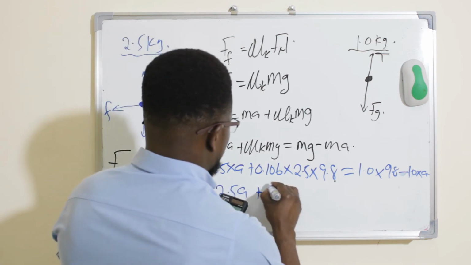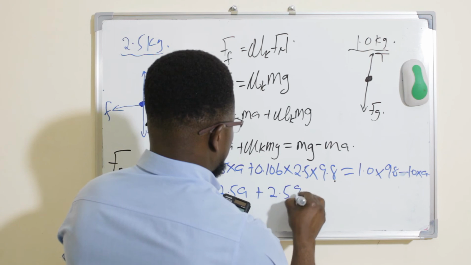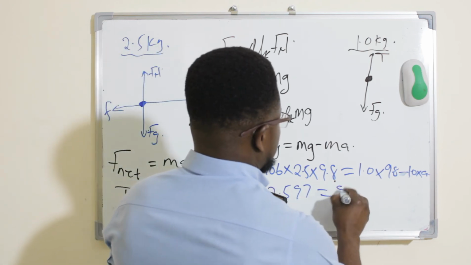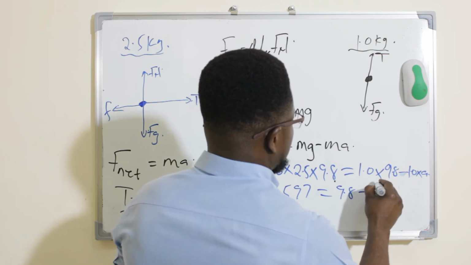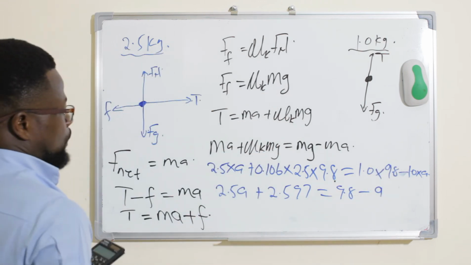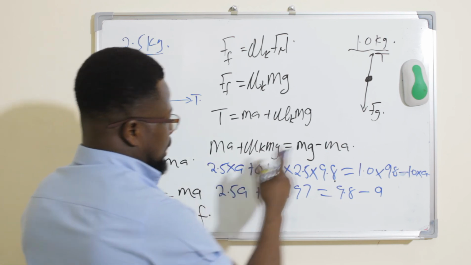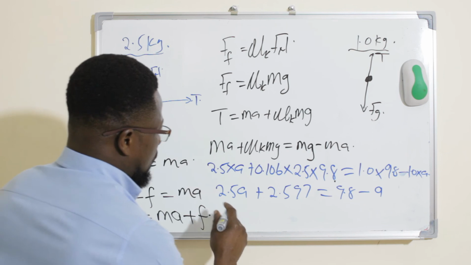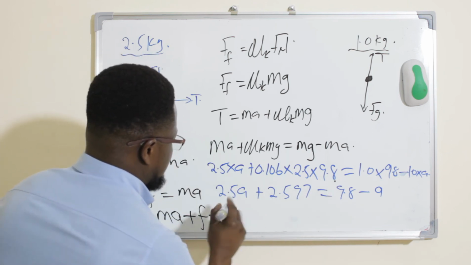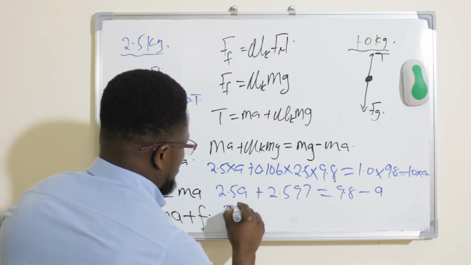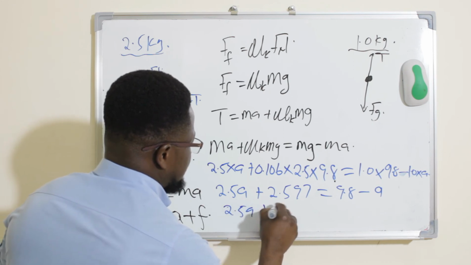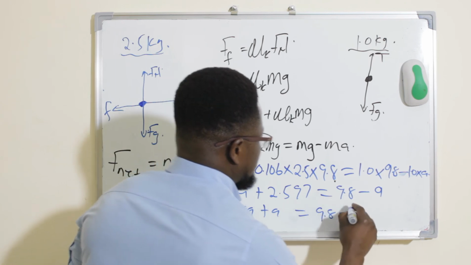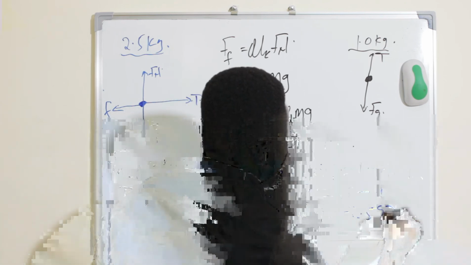This gives you 2.597 equal to 9.8 minus A. And I will collect like terms again. This can come here and that can go there. So I am going to have 2.5A plus A is now equal to 9.8 minus 2.597.